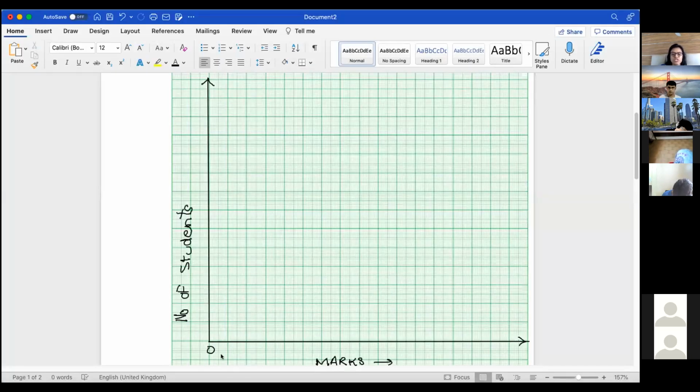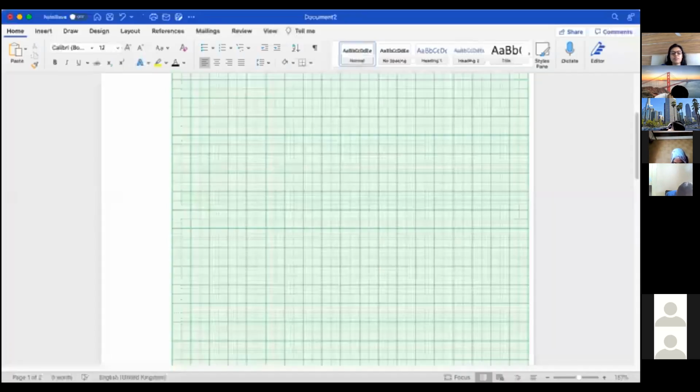In this question I'm taking two blocks as 10. So this much is 10, this much is 20, two blocks as 10, 30, 40, 50, 60. Marks is only out of 50, so no need to draw 60.